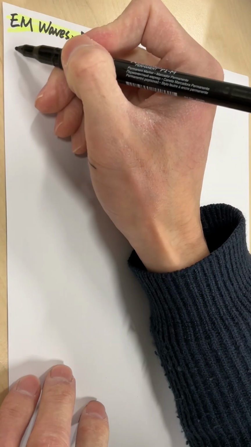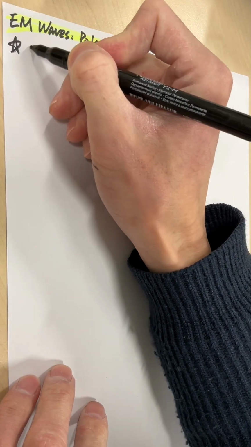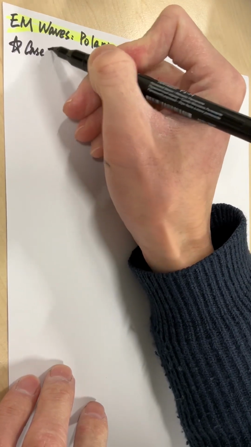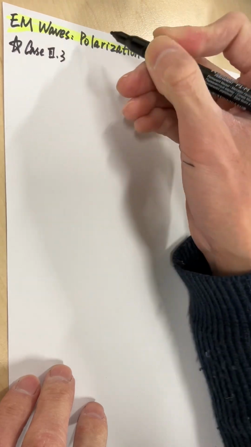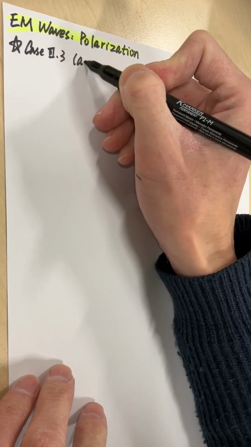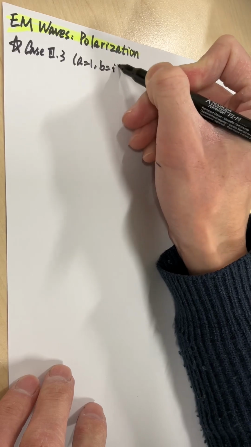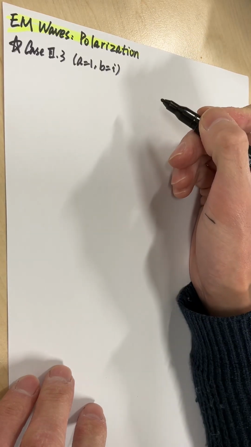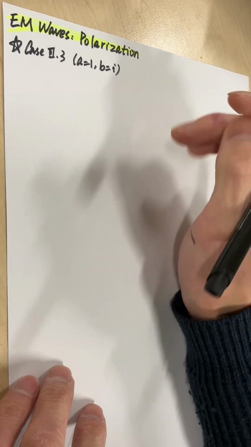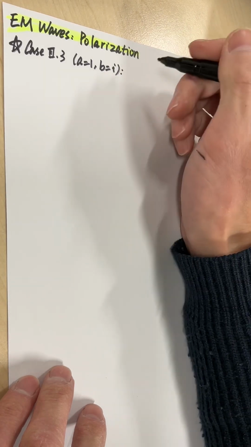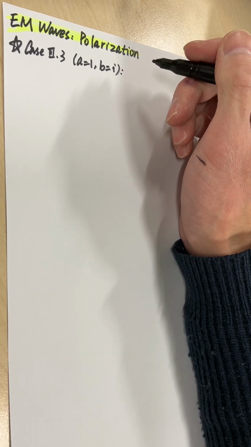So let's now look at more tricky applications. So we have case 3.3, where we have A equals 1, and then B equals i. Okay, so now we will have complex valued polarization.